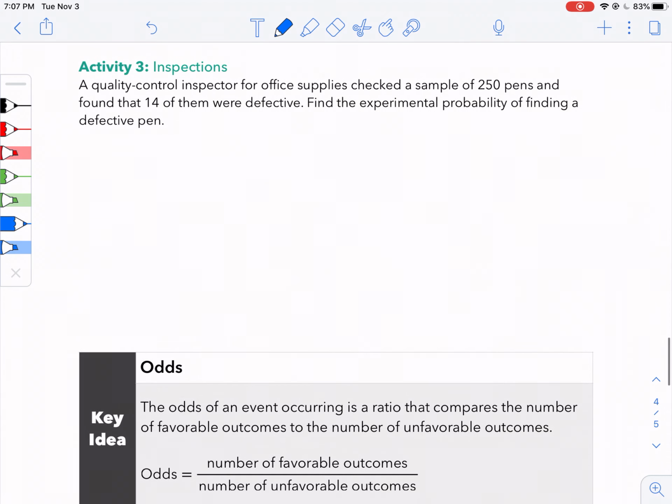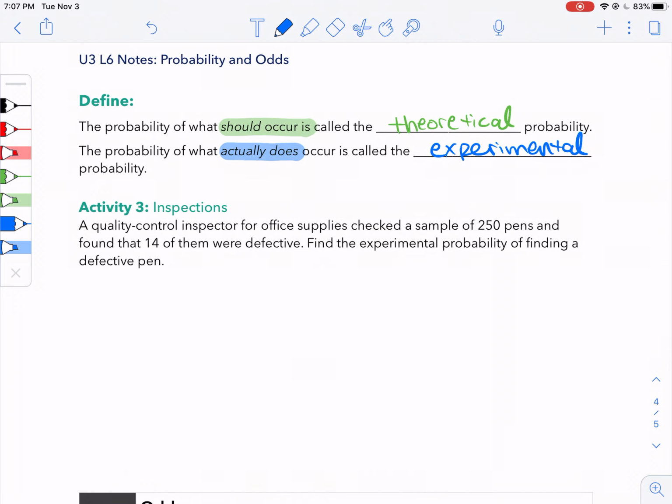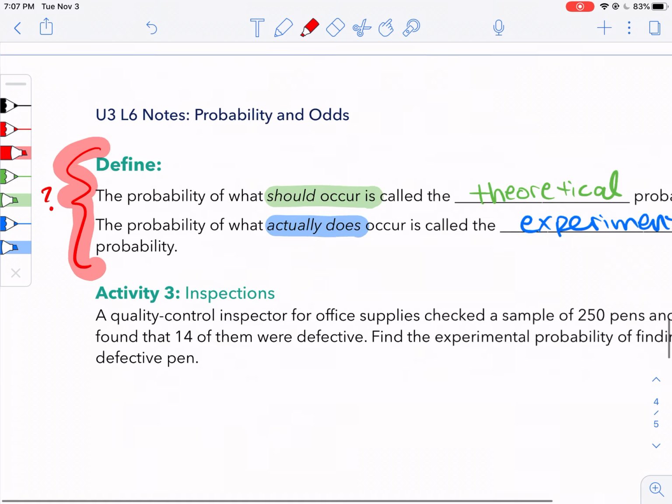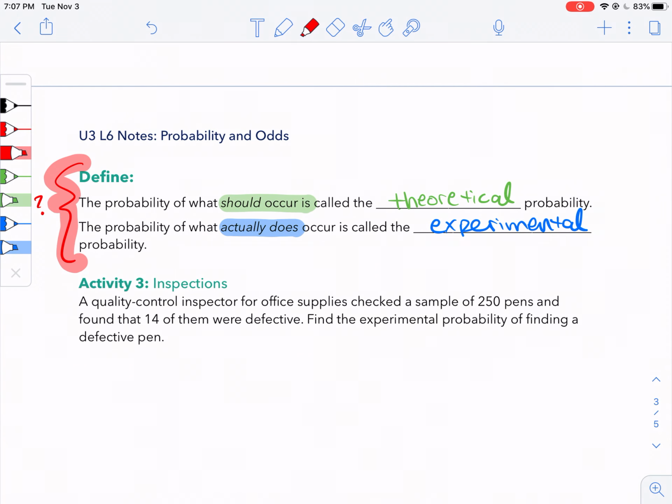So this is actually what my brother does, fun fact. This would make an excellent quiz question: what is the difference between these two? So mark that, study that. Be able to explain in your own words the difference between them.